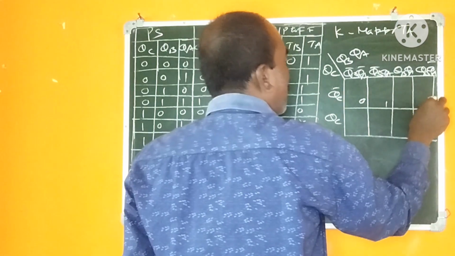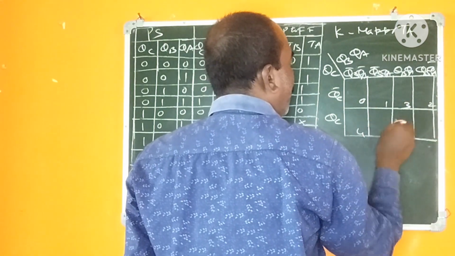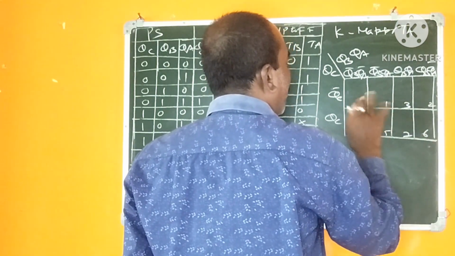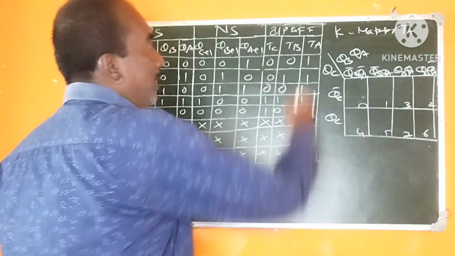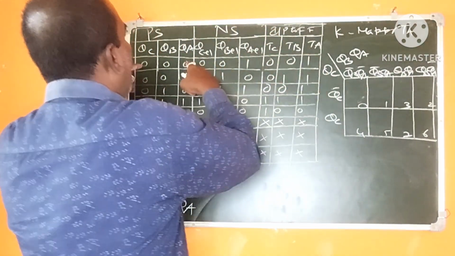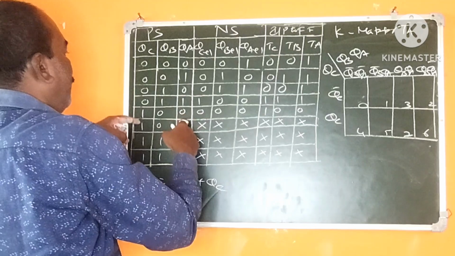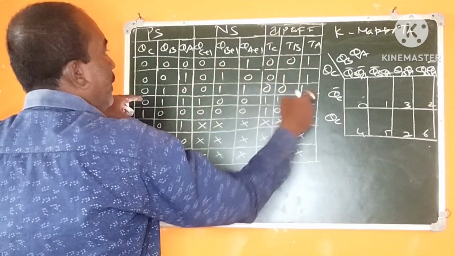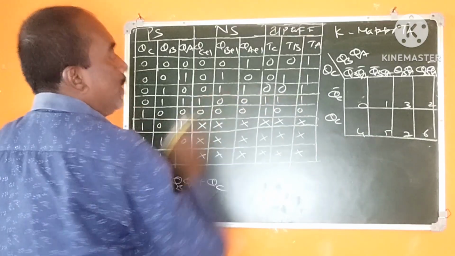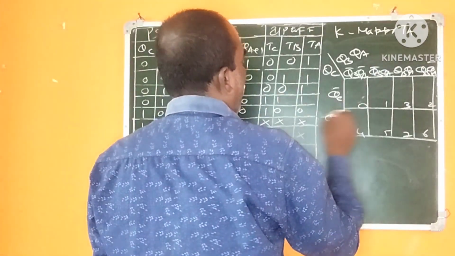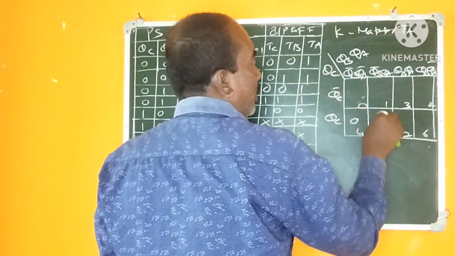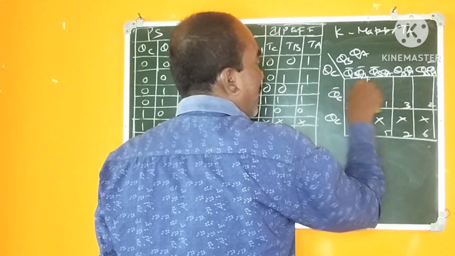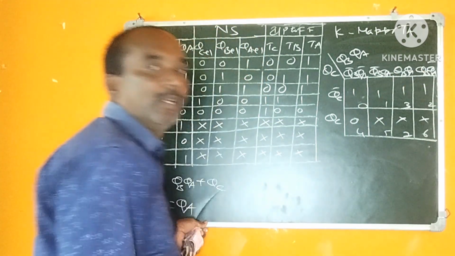It is 0, 1, 2, 3, 4, 5, 6, 7. So here also it is 0, 1, 2, 3, 4, 5, 6, 7. 0 is 1, 1 with 1, 2 with 1, 3 with 1, 4 with 0, and the remaining are 0. So 4 with 0, 5, 6, 7, and the remaining are to be placed with 1.